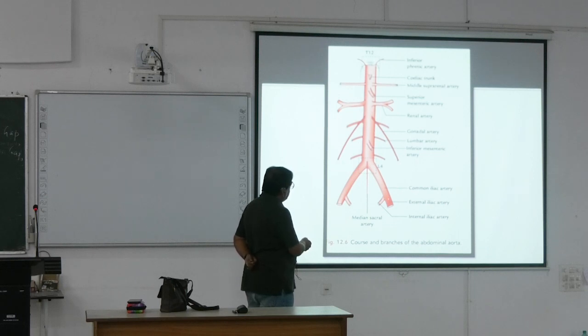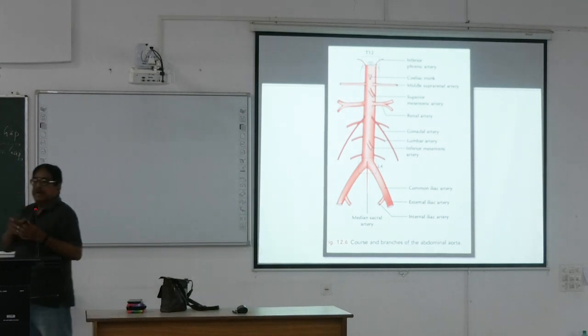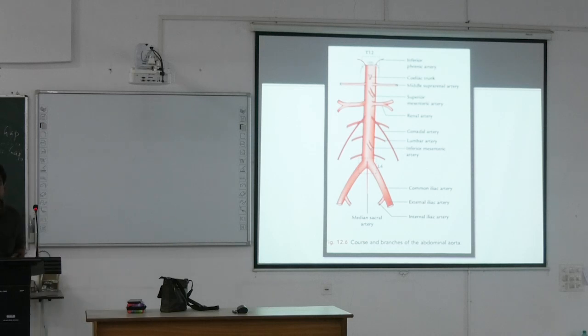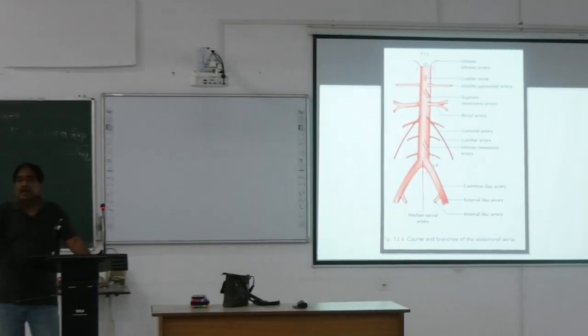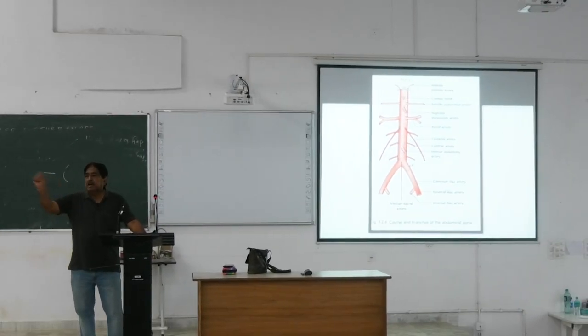Common iliac divides into external iliac and internal iliac, and the median sacral artery. Now, you try to remember by just drawing simply a tube and the branches, and you label it.